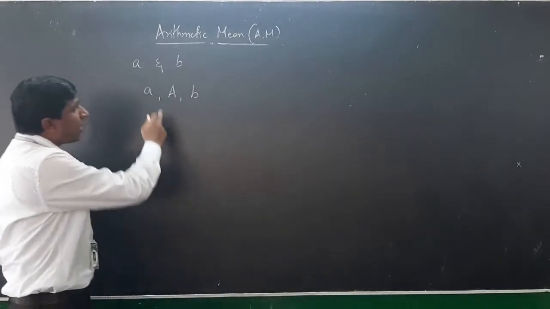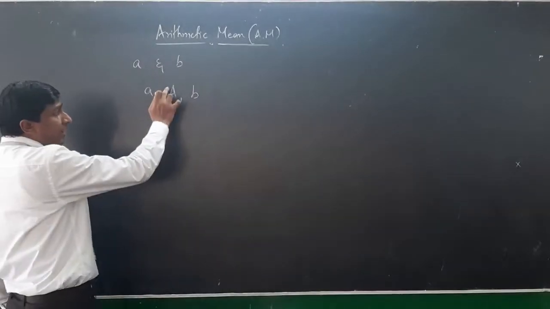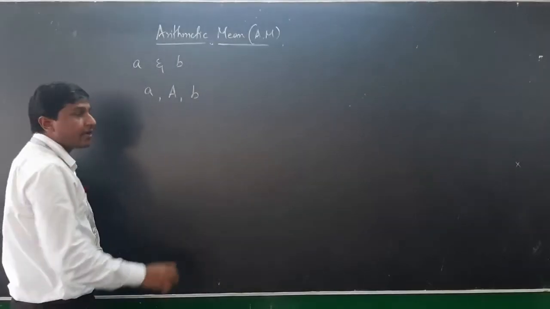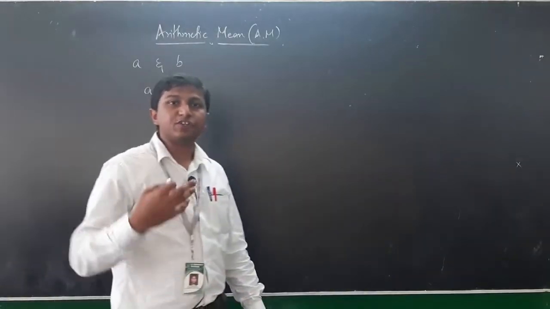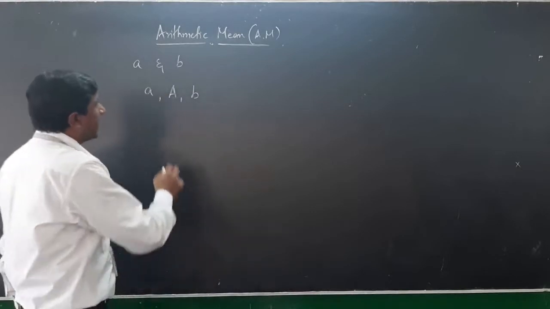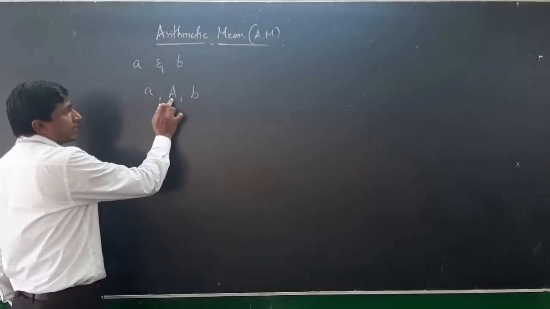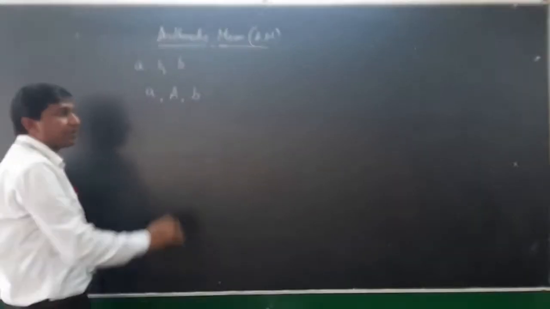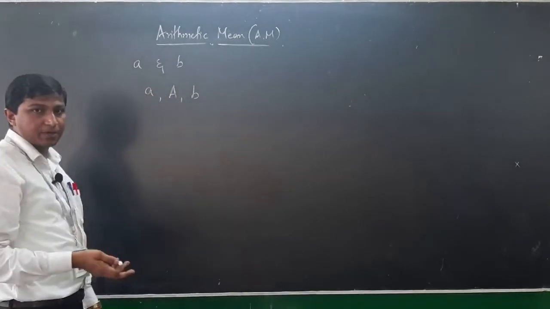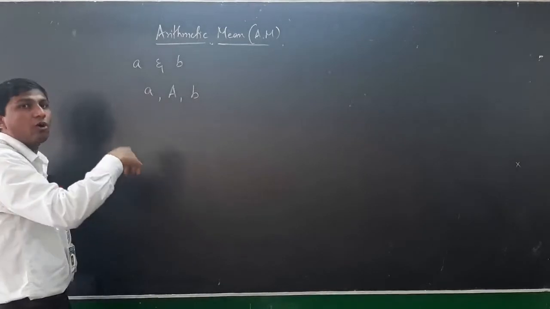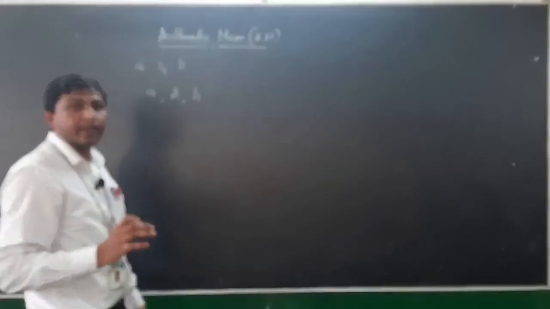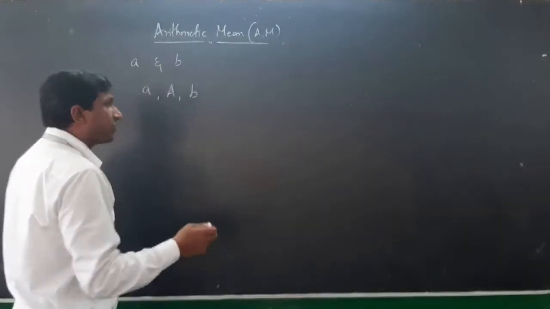Now, how do we find out the arithmetic mean capital A of two numbers a and b? As the definition itself says, a, capital A, b, this is an AP, right? So, we must find a common difference between any two consecutive terms.